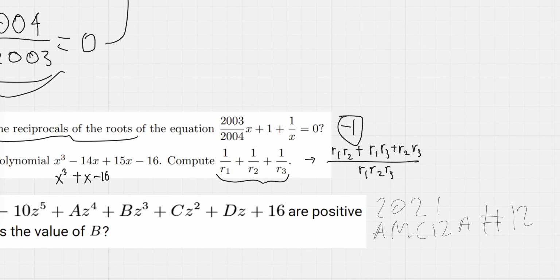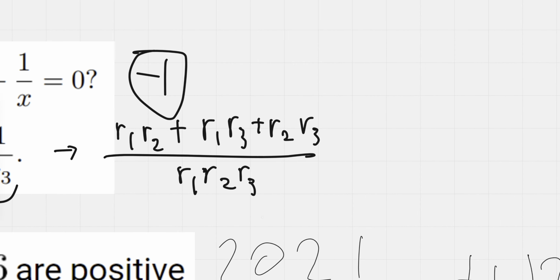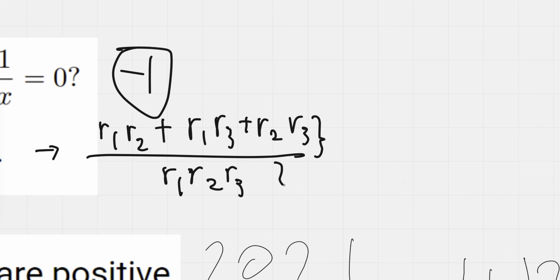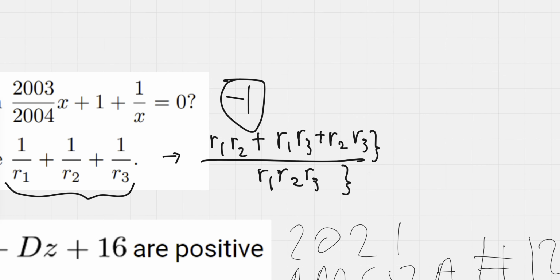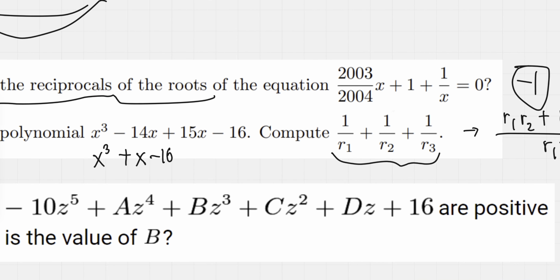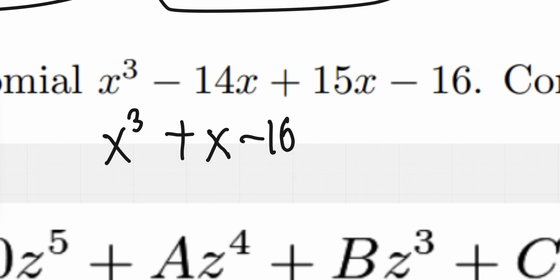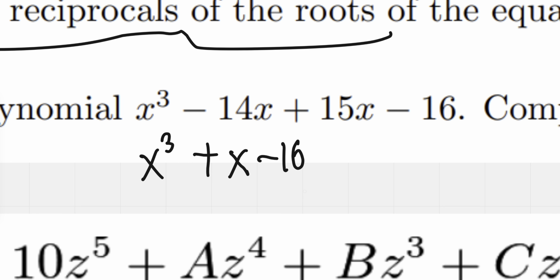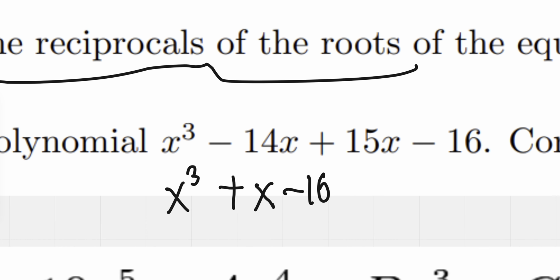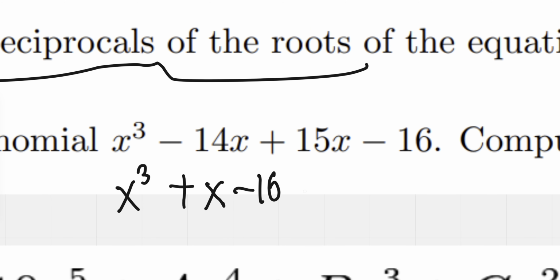Okay. So from here, these two terms look fairly familiar. This is the product of all the roots. This is the sum of all the pairs. And here, we can already pretty easily find the product of all the roots and the sum of the pairs. We're given that the sum of the pairs, the coefficient of x.